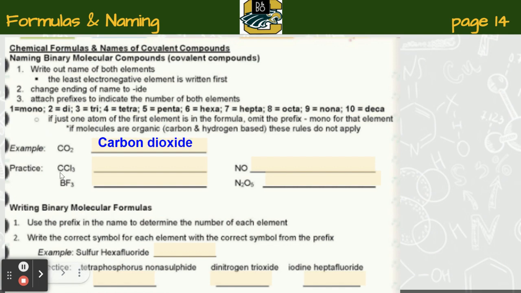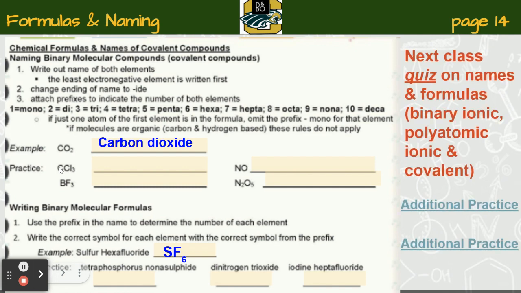With the next one, again, there's 1 carbon and 3 chlorine. 1 never has a prefix on the first word, so we just say carbon on the first word.